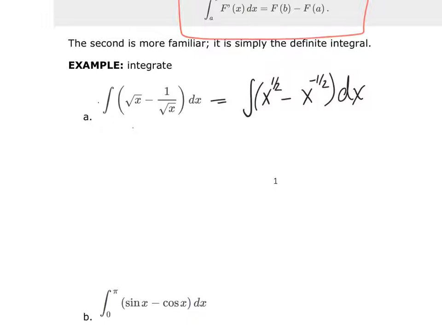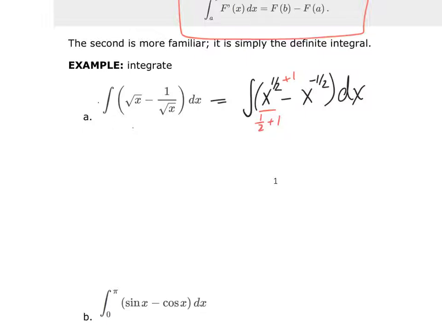I do this so that I can use the power rule of integration. The power rule says that when I integrate, I need to add 1, because when I'm doing derivatives, I subtract 1. That also means I need to divide by 1/2 plus 1 in the denominator. Now remember, this is not part of the original integration. I'm just doing it there so you can see I'm reversing the power rule.